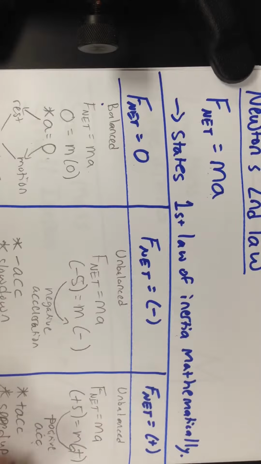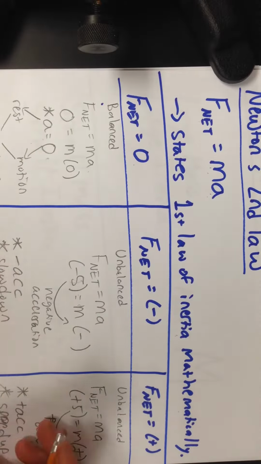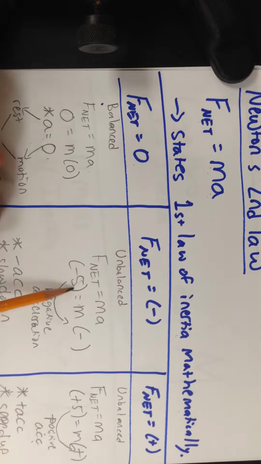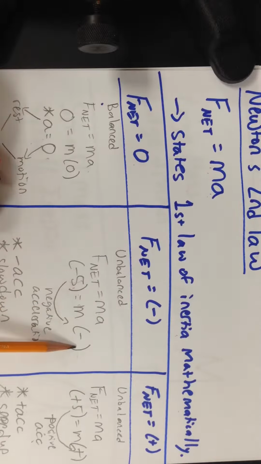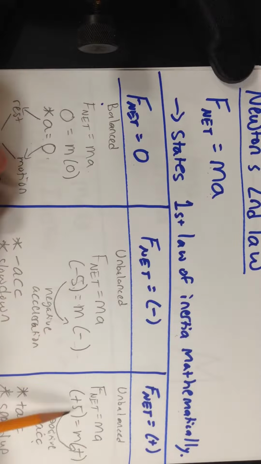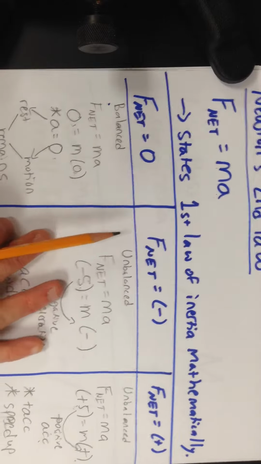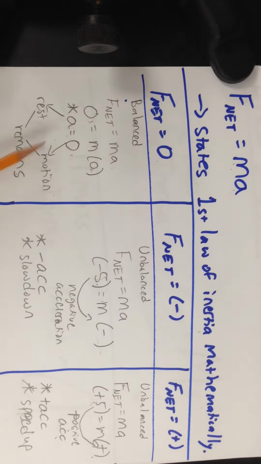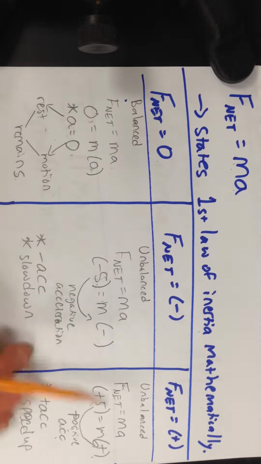And that's just how the equation shows that. If your left side of the equation is negative, you're going to have a right side being negative acceleration. If your left side net force is positive, then your right side will be positive acceleration. And if the net force is zero, there will be no change in speed, no acceleration. So whether it's at rest or in motion, it will remain. And that's how Newton's second law is just a mathematical way of saying what Newton's first law already says.